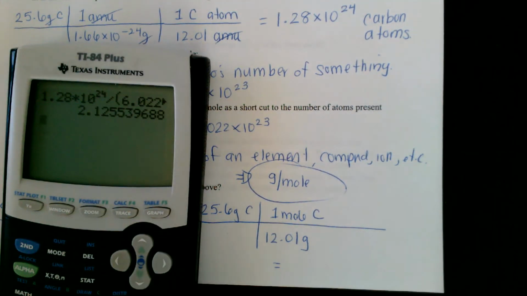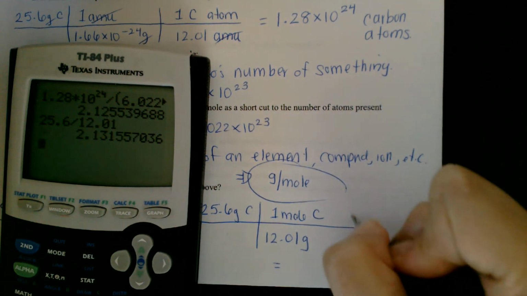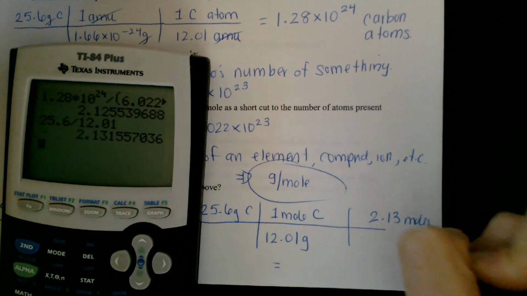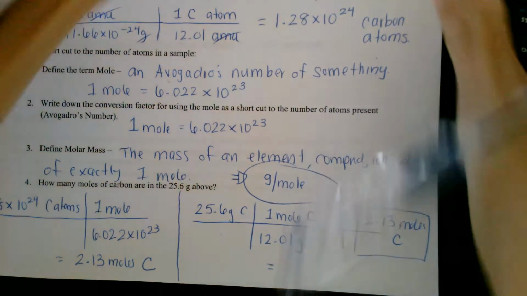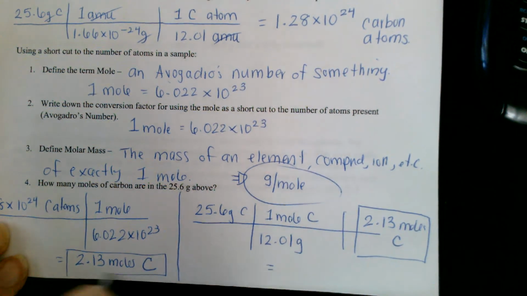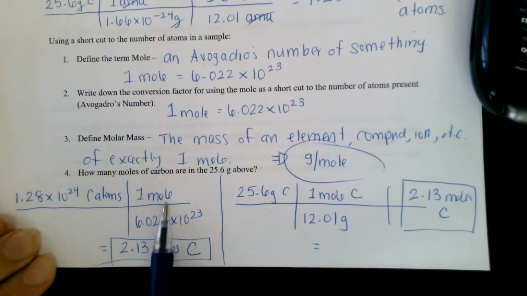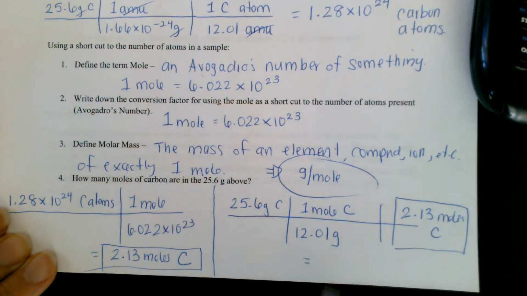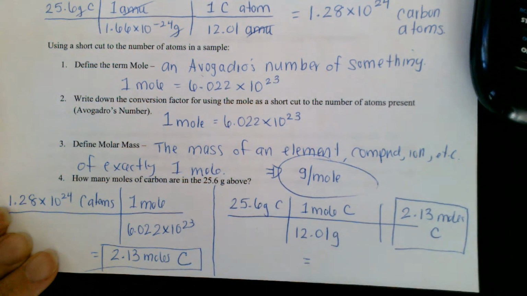And we get the same thing: 25.6 divided by 12.01 gives us 2.13 moles of carbon. So we can get there either way: if we have the number of atoms, we use the definition of the mole from Avogadro's number, and if we have the mass, we use the definition of molar mass.